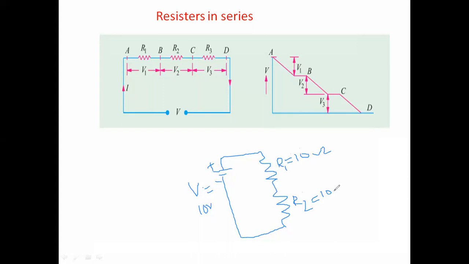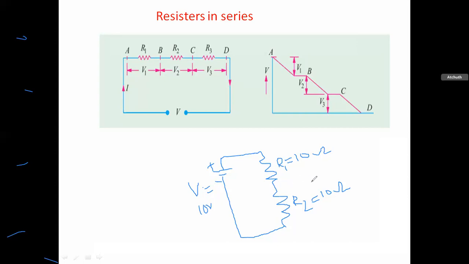When two resistors are connected in series, the total resistance is equal to R1 plus R2, and the applied voltage is 10 volts.